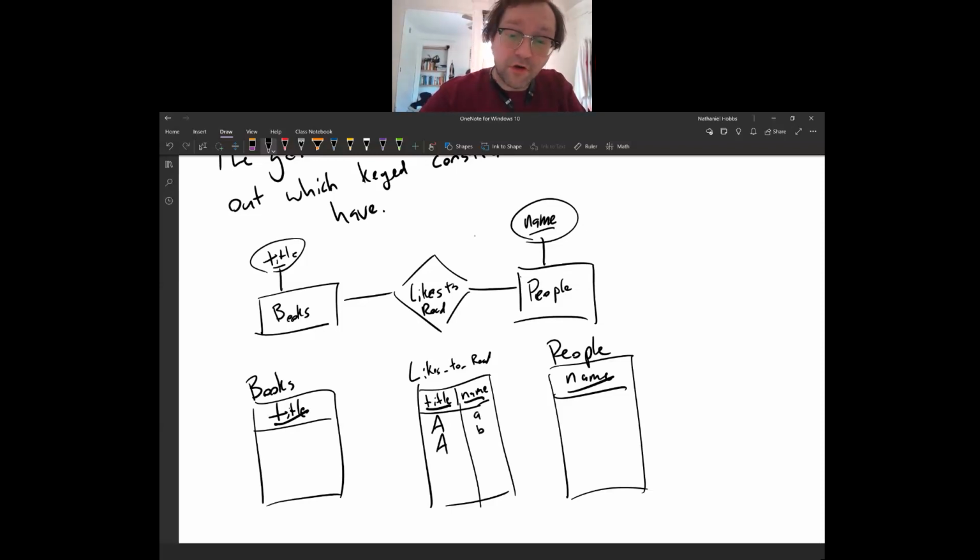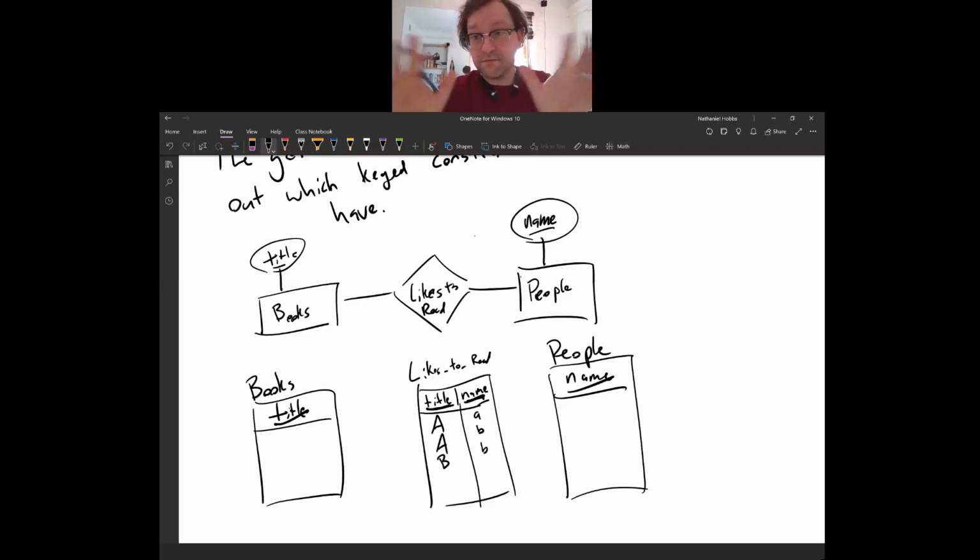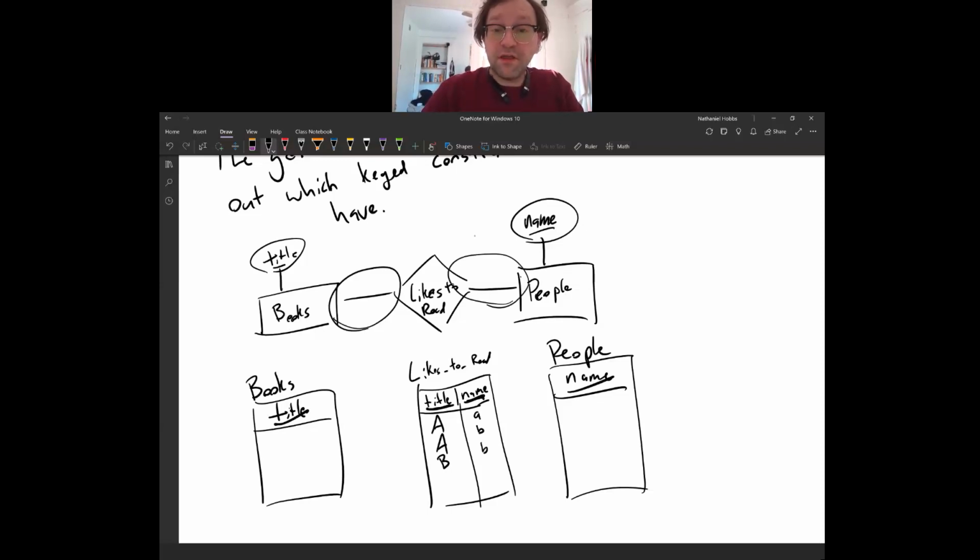That's okay. Also, one person could read many titles, and that's also okay. So that's why you need both of these as a composite key. That's what this is called. Because books can be read by many people, and people can read many books. Anyway, they're both enforced here.